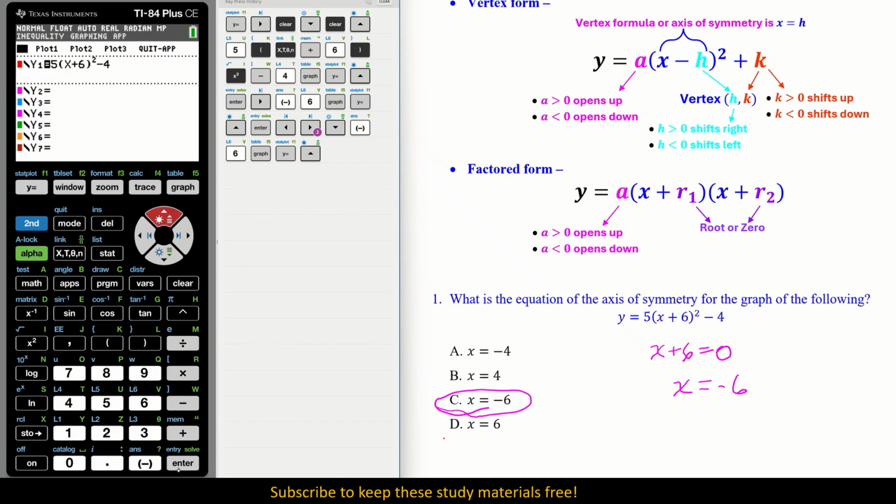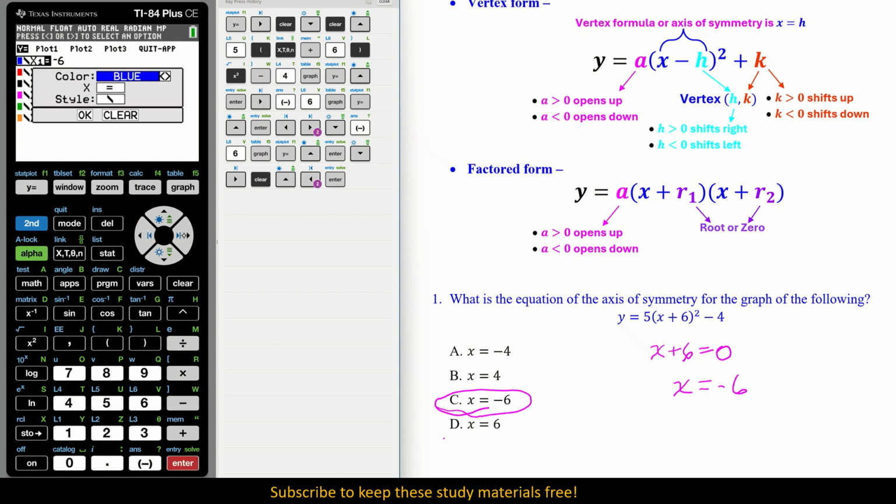For fun, let's go ahead and change the color. But we have to get rid of the second one. And then go over, push enter, and blue just isn't bright enough. We have magenta, or green, or even the orange. Let's try that.